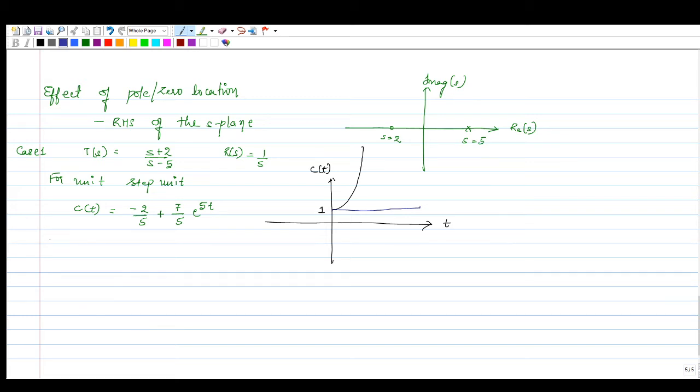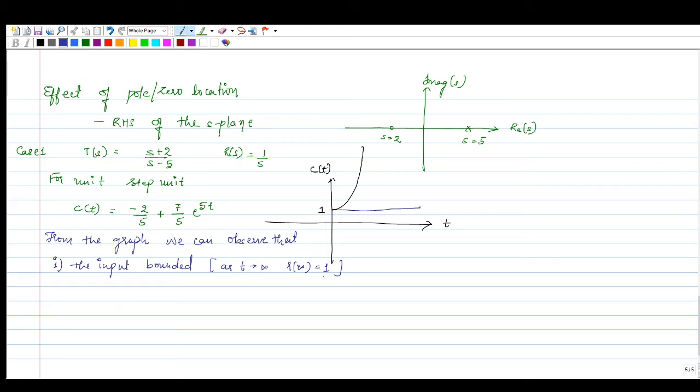From the graph, we can observe that the input is bounded, because as t tends to infinity, the value of r of infinity remains 1.